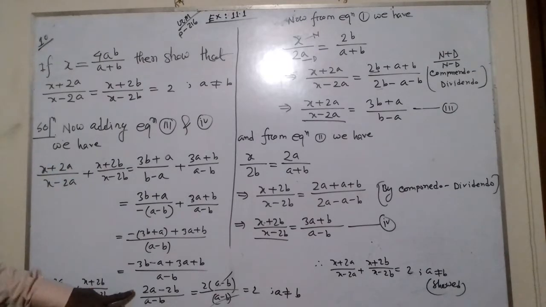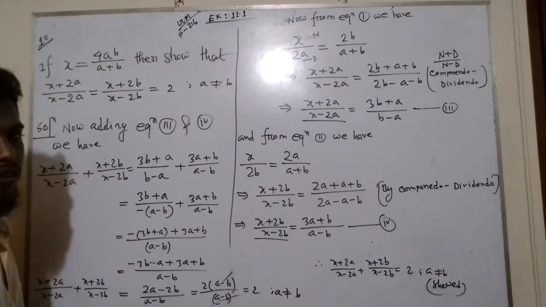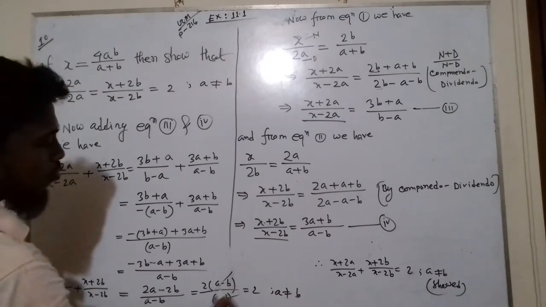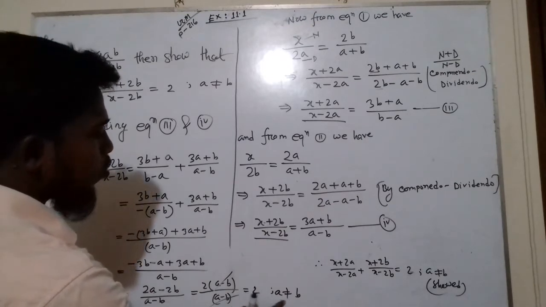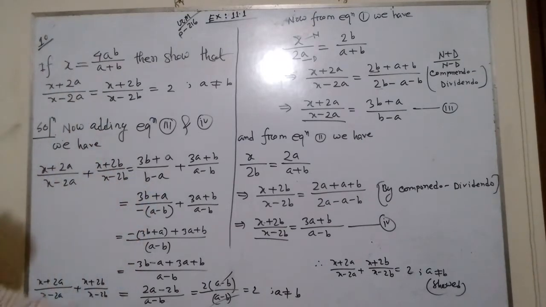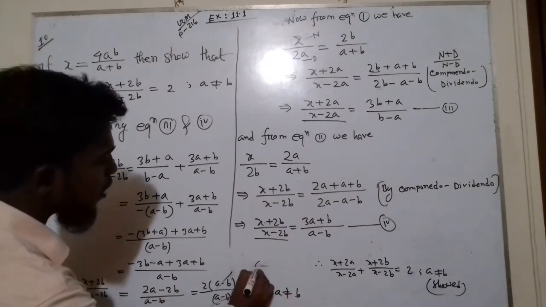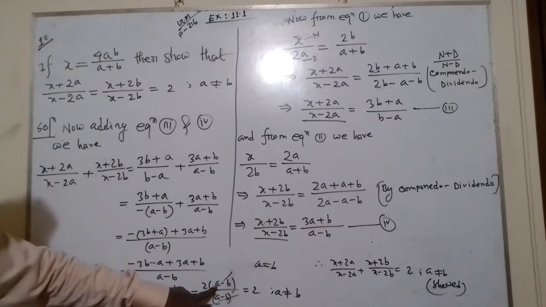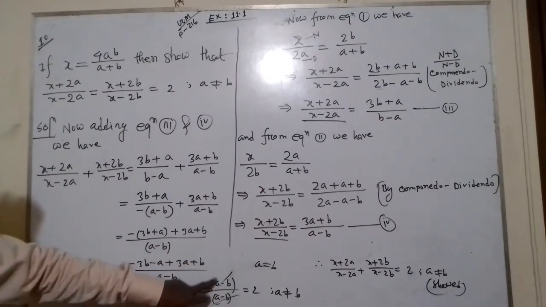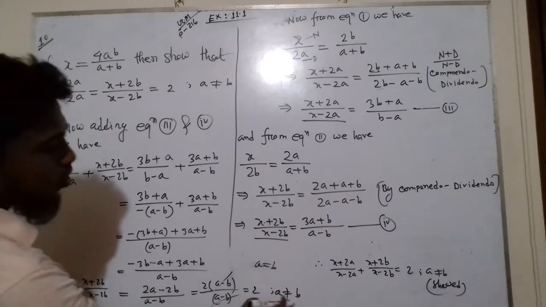Now taking common 2 from the numerator, we can write a minus b, and a minus b upon a minus b vanish, so this equals 2, where a is not equal to b, because if we put a equal to b, this term is in 0 by 0 form, so it is undefined, so it must be a not equal to b.